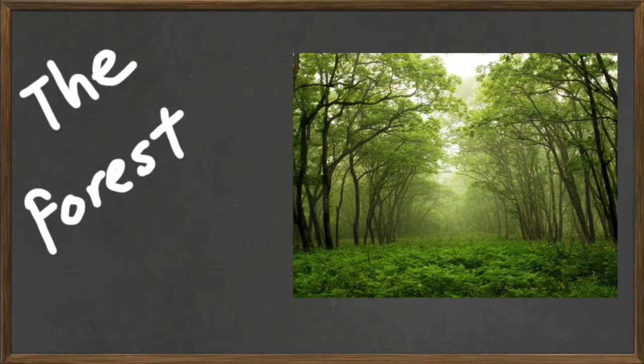Now let's go with natural areas. We normally refer to a natural area with the article the, so always keep this in mind. Please repeat: the forest, the forest, the forest.